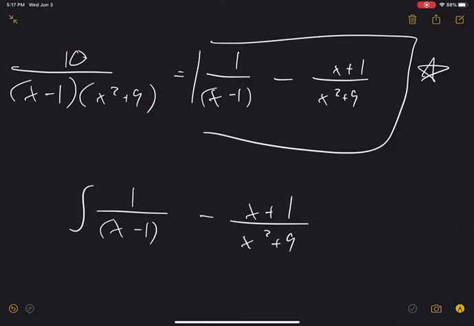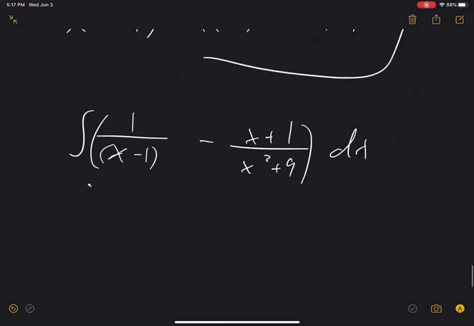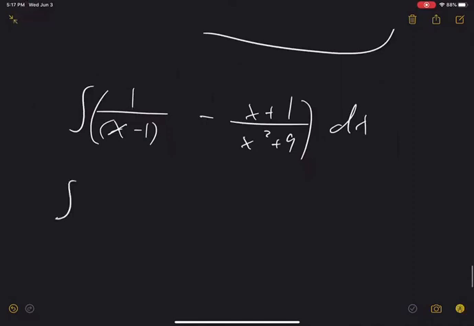Okay. This part, that's easy to integrate, right? That's just one of those ln times integral. How do I integrate this thing on the right side? Well, I need to split it up. I need to split up that fraction right down the middle. Now here's something you got to be careful about. Okay, let's put this in parentheses for now.